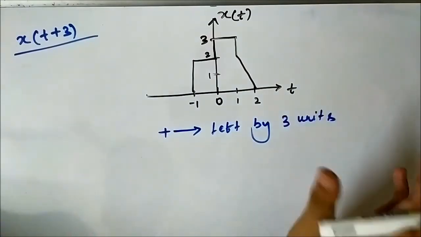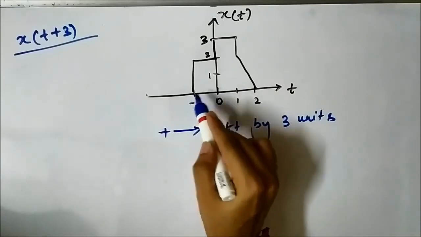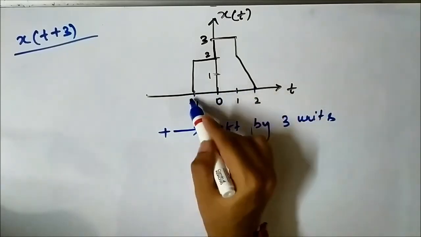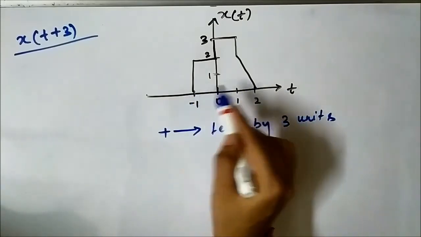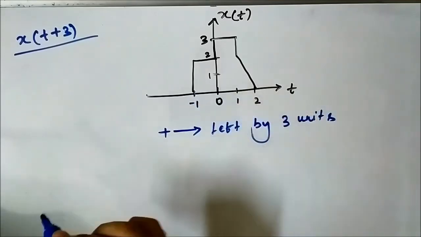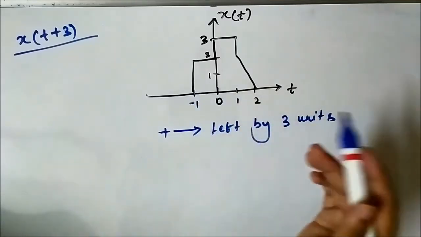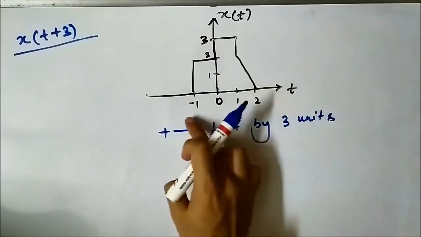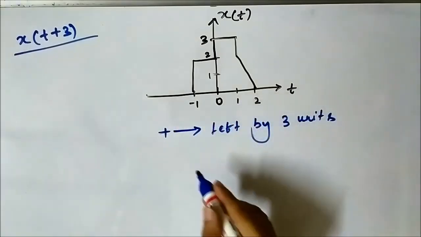So again, you pick the starting and the ending points of this signal, -1 and 2. Then you subtract 3 from both the starting and the ending points.